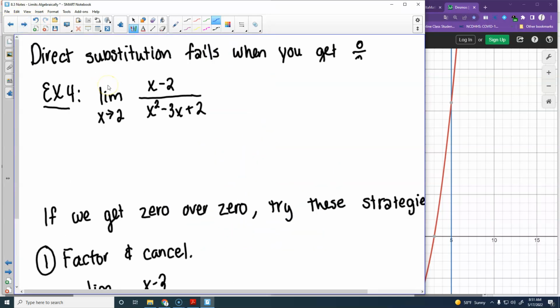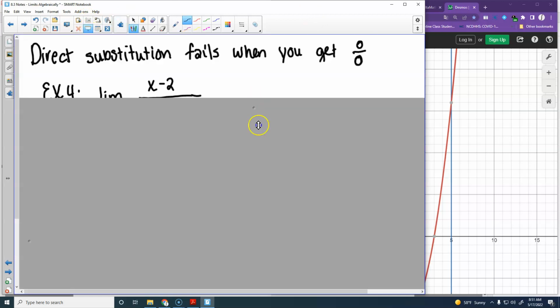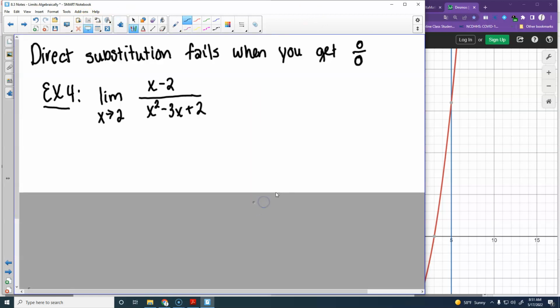Now, there is a time when direct substitution fails. So you want to write this down. This will be important. Direct substitution fails when you get 0 over 0. Okay, a number over 0 tells you the limit does not exist.